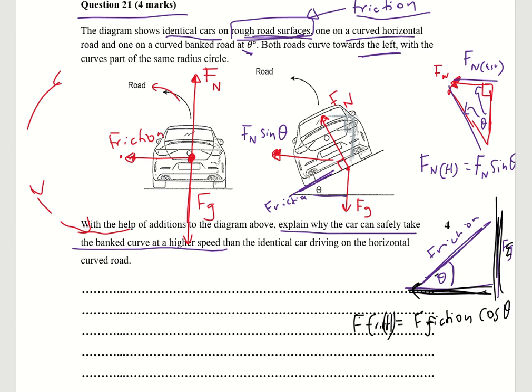So I'm going to rewrite that: F friction cos theta equals the horizontal component of that friction force. So not only do I have the normal component, I also have the friction component, cos theta. Okay, so I have those two things.